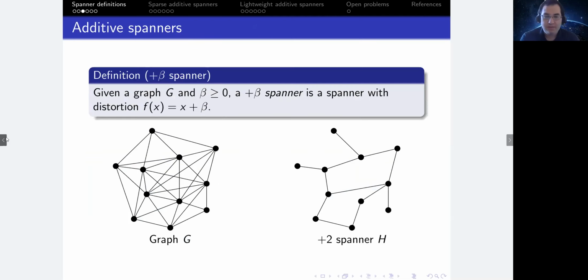As mentioned before, we focus mainly on additive spanners in this paper. One advantage of additive spanners is that the error does not scale with the distance in general.